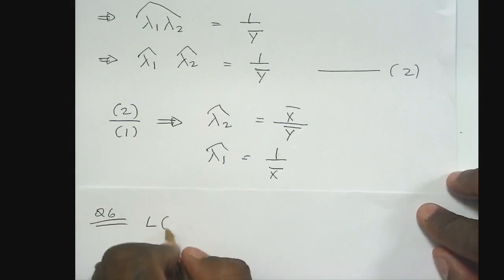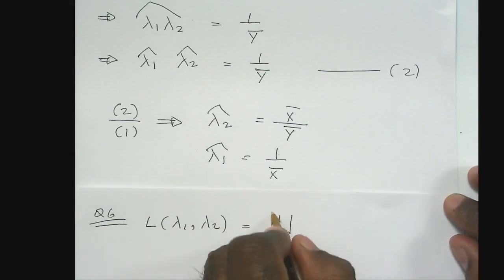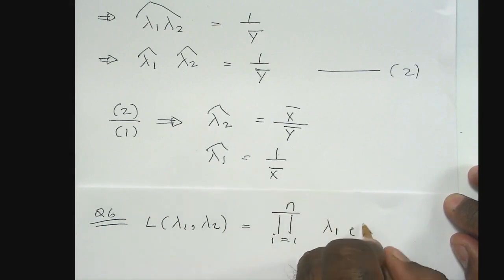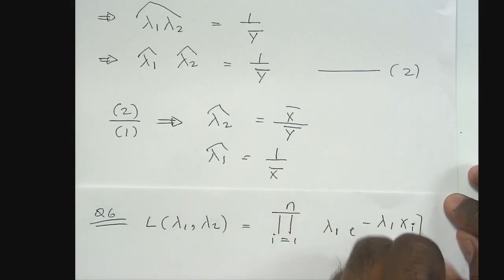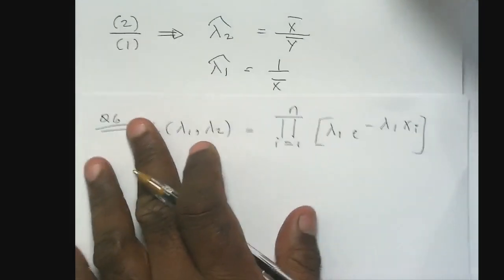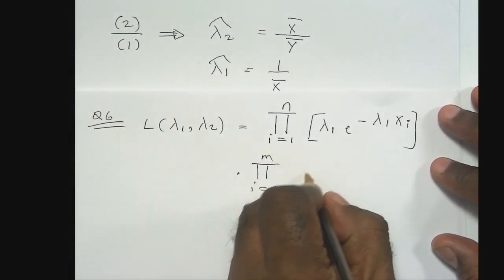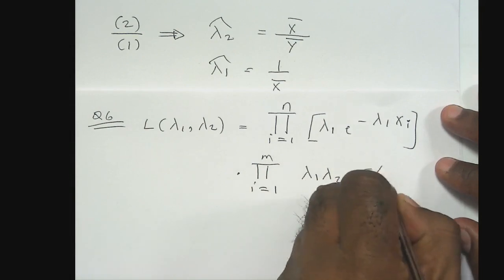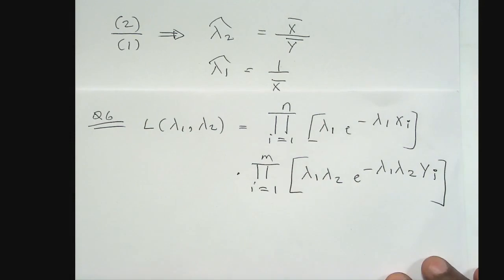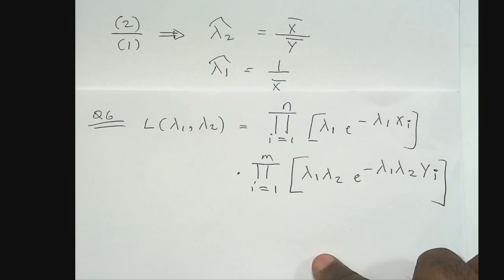It is to first write down the joint likelihood of lambda 1 and lambda 2, which will be the product corresponding to the first sample, and then multiplied by the product corresponding to the second sample, which is this one. So you have two independent samples. The first product is for the first sample, the second product is for the second sample.